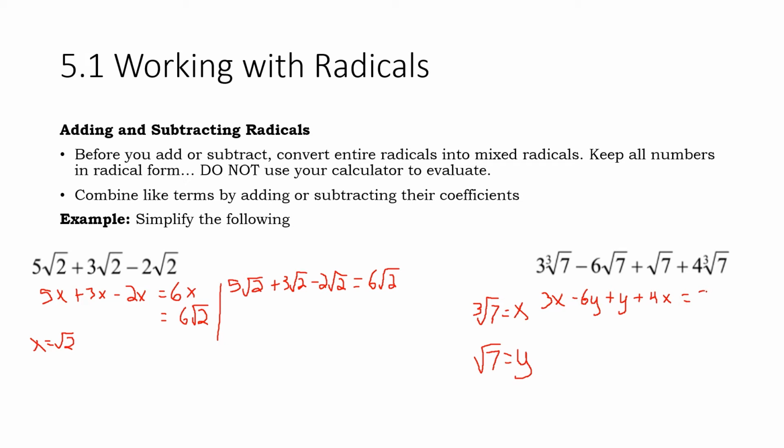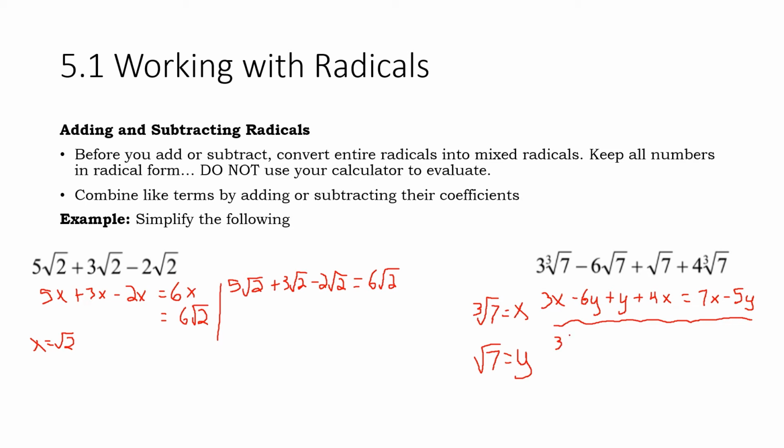The 3x and 4x would be 7x, and the negative 6y plus y would be minus 5y. So our answer with the radicals is going to come out something like that. Like I said, we don't want to actually convert to variables. That's extra work. Let's just work with the radicals. But hopefully this gives you a good visual on how to approach it.